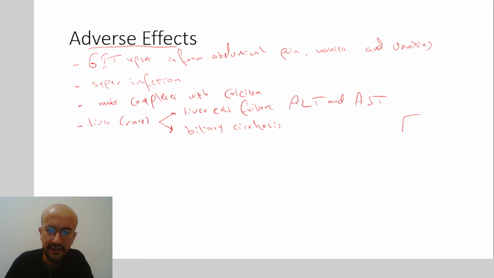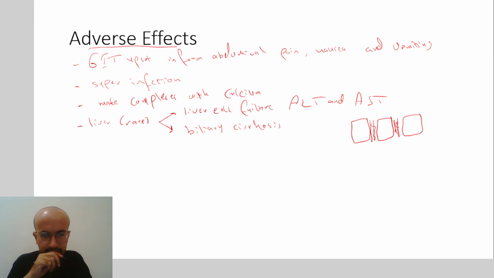So as we know, the liver cells are in this way, and there is a bile duct beside them, and when there is swelling, this would lead to blocking of the bile ducts and would lead to biliary cirrhosis in the long term. And this would lead to increase in the enzyme ALP.